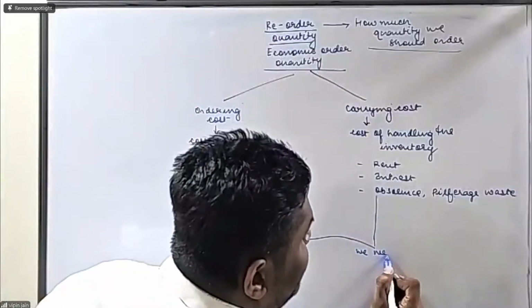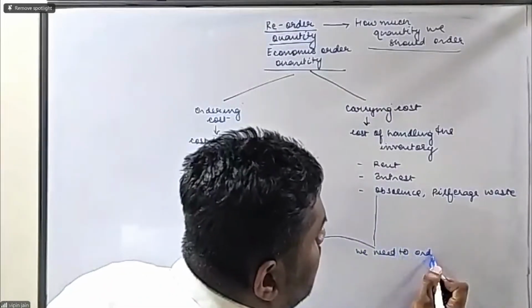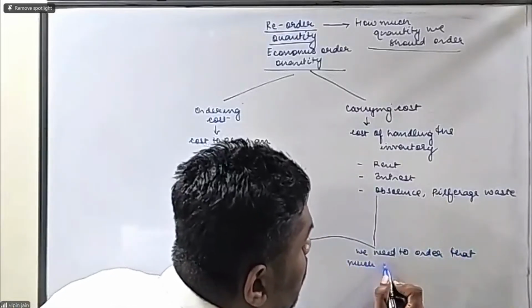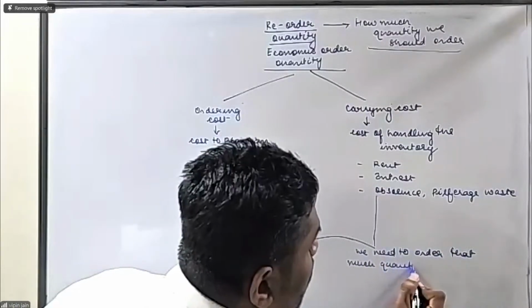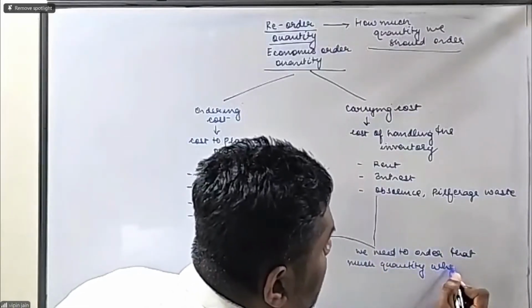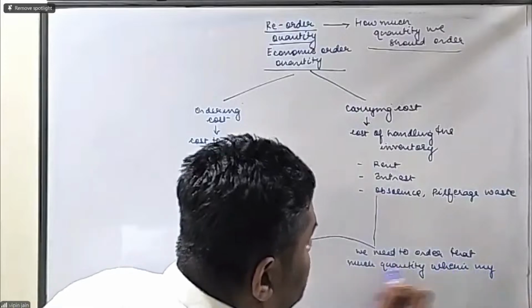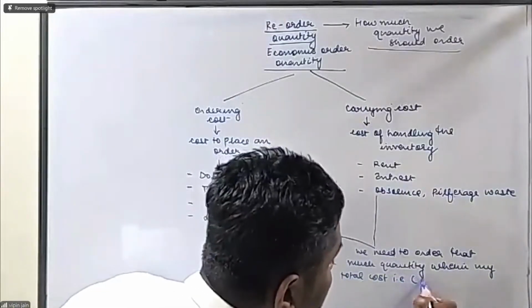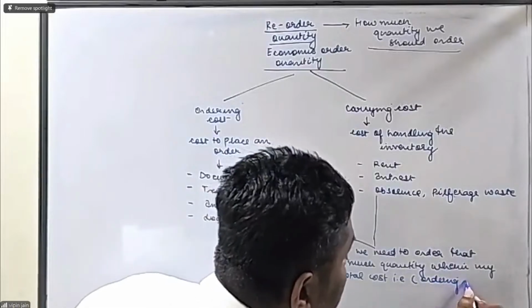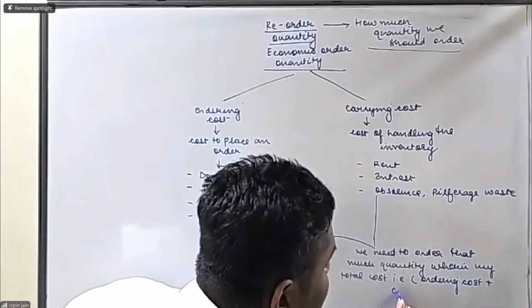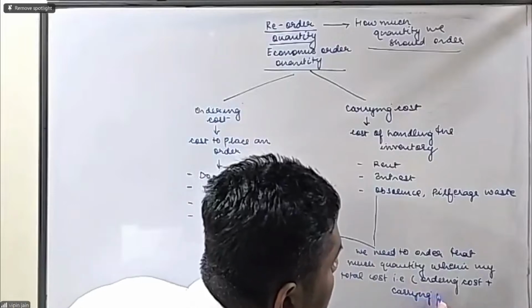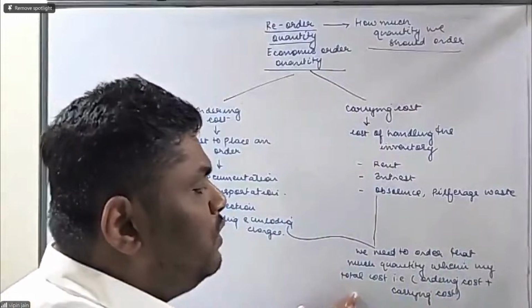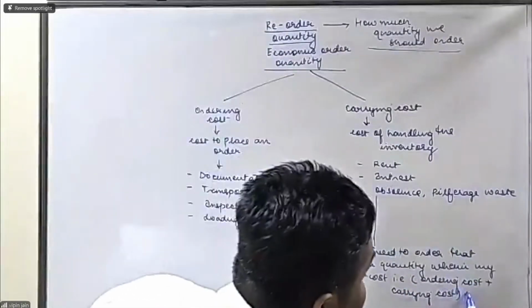So we need to order that much quantity wherein my total cost, that is ordering cost plus carrying cost, is what?